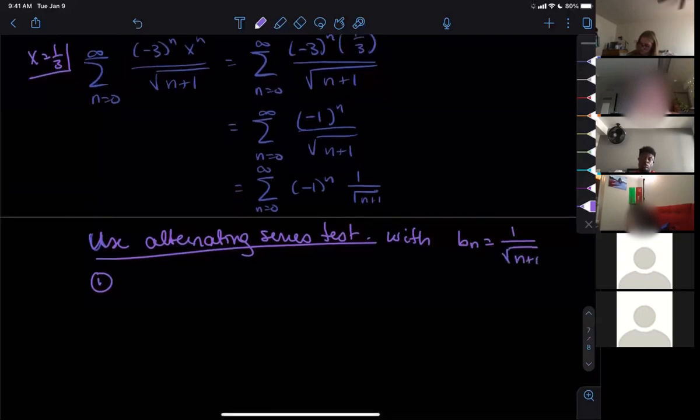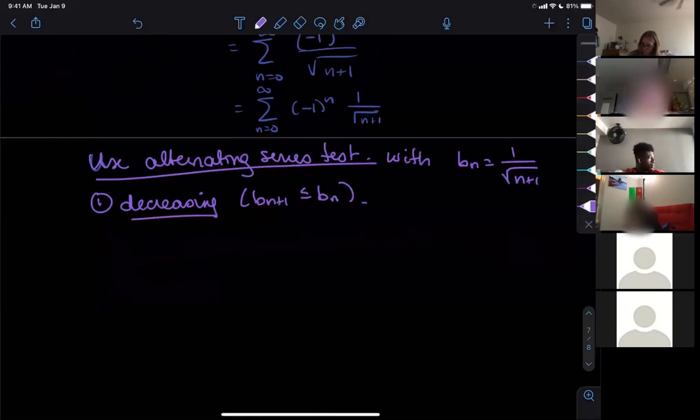And we have to check decreasing. What we really want is b sub n plus 1 to be less than or equal to b sub n.